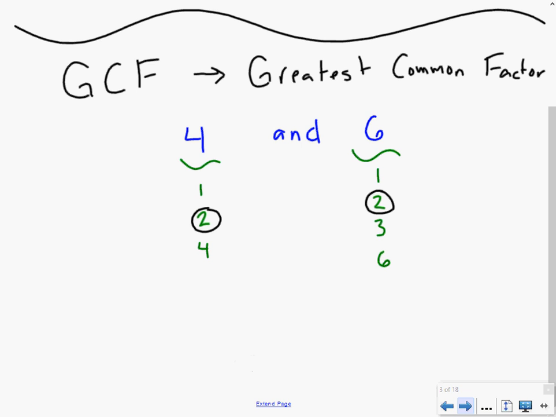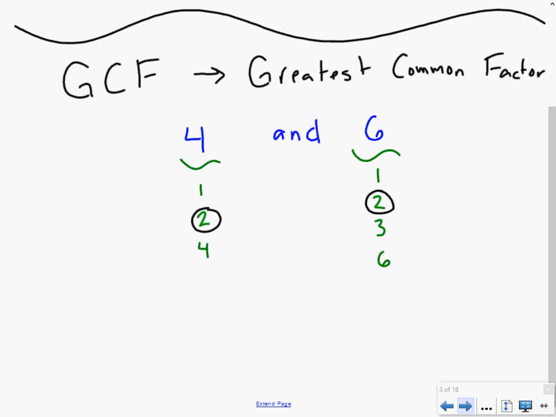Now, this can be inefficient. If we have numbers with a lot of factors, this process of listing them all out to find the GCF can be pretty burdensome. So we want to get to the point where we can do this mentally.